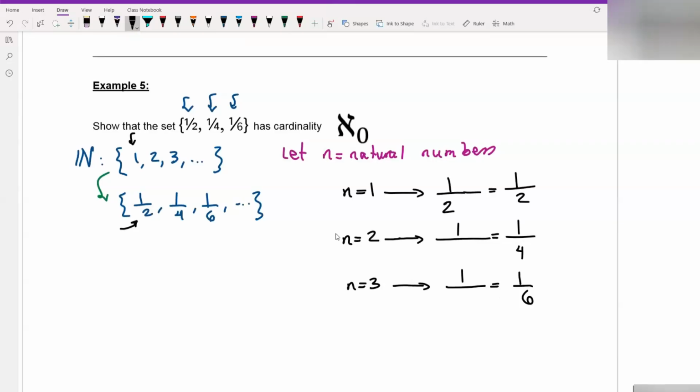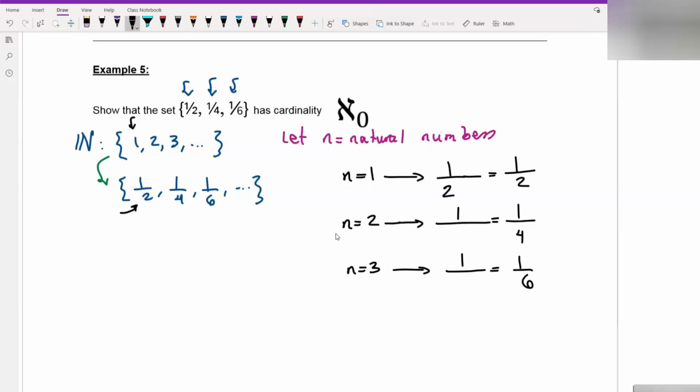But we have to find a function. In this case, I'm not able to write 1 over 2, 1 over 4. So what is 2? What is 4? What is 6? How we can find a function for this part using natural numbers. So the starting point that was n equal to 1, map that one to 1 over 2. This 2 in the denominator means that I can multiply that one by 1.